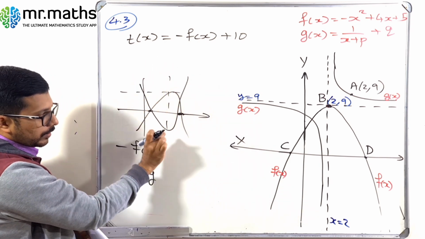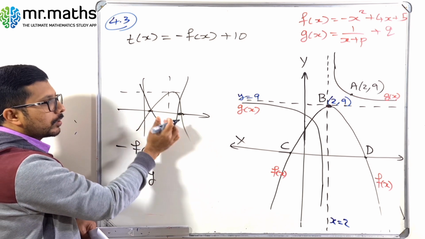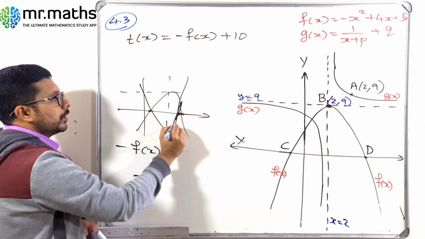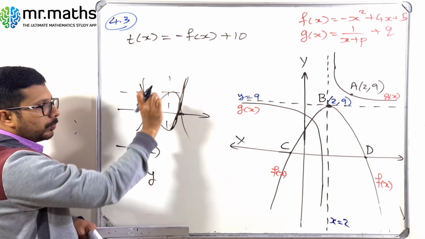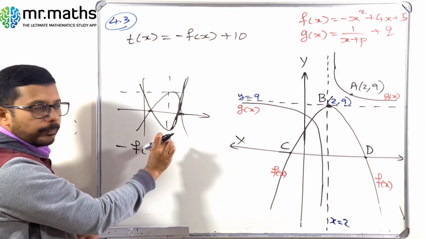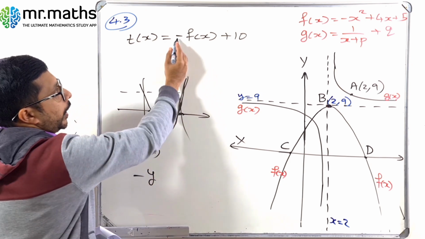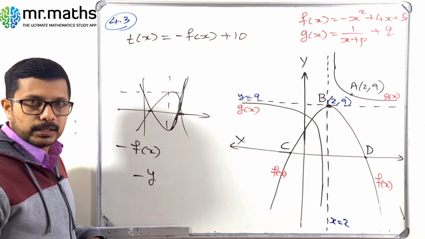I pull it like this based on this x-axis. This one acts like a hinge, so it's supposed to pass through this point. I'm going to put it like this. That is a reflection based on the x-axis. So here minus f of x means reflection based on the x-axis.